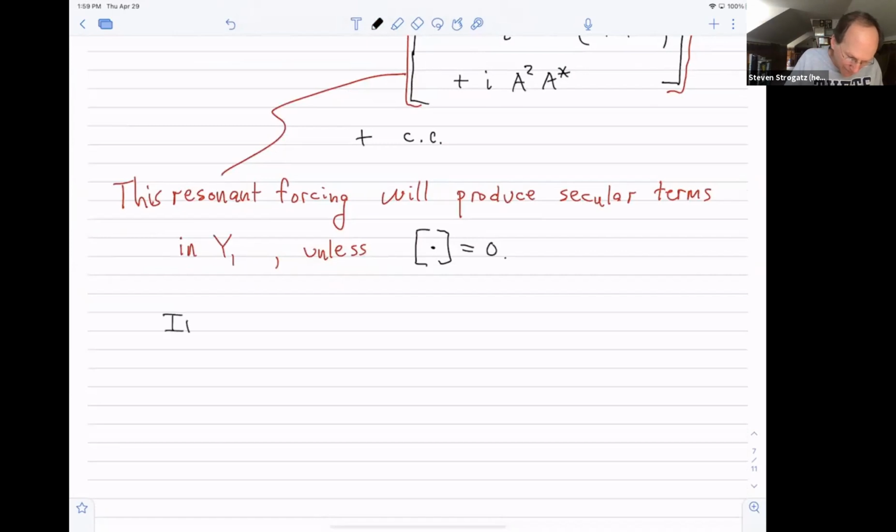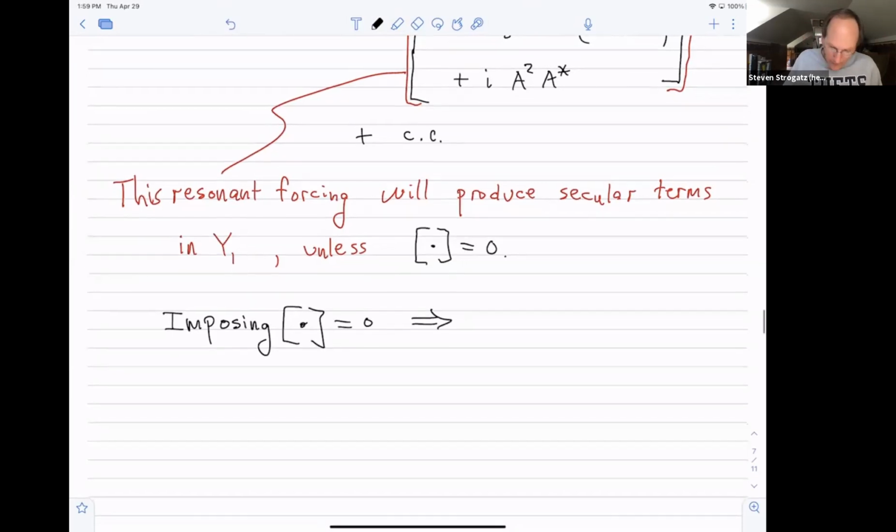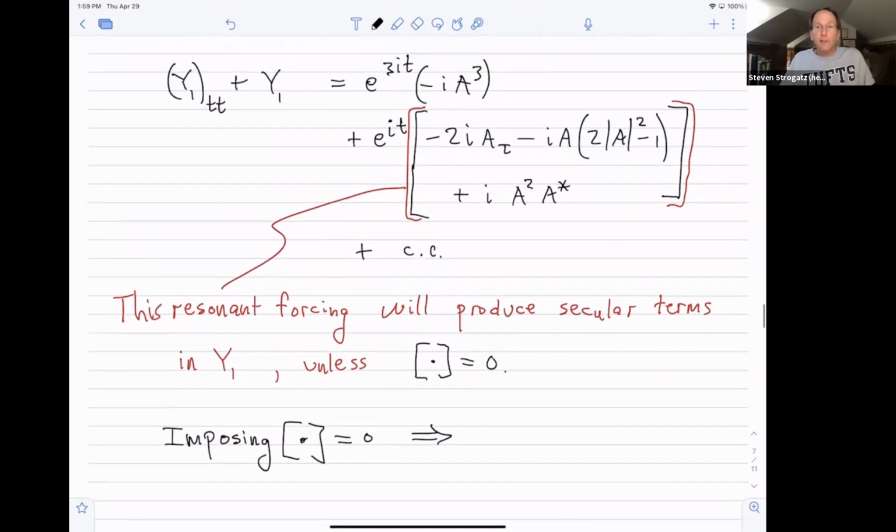So imposing that, after you clean it up a little bit, notice it's going to give us an amplitude equation, because you can see there's an equation involving the derivative of A being related to A and its conjugate. It's an ordinary differential equation on A with respect to the slow time tau. So it's exactly what we want.